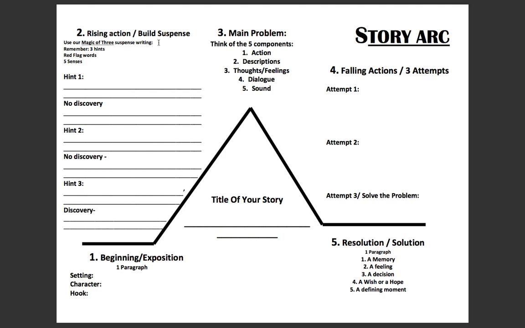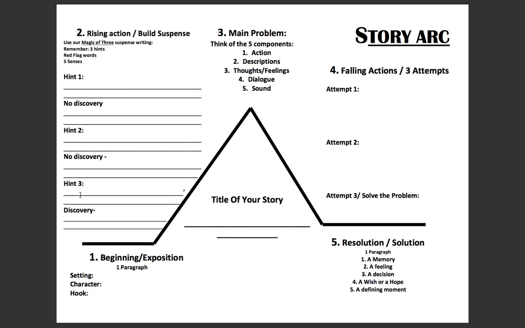It's our rising action, and what we're trying to do is build suspense. We've practiced building suspense in class, and we use the technique of the magic of three. Remember, you get three hints to what is going to be revealed.